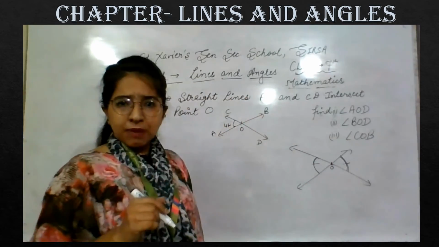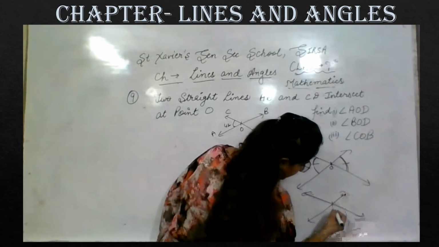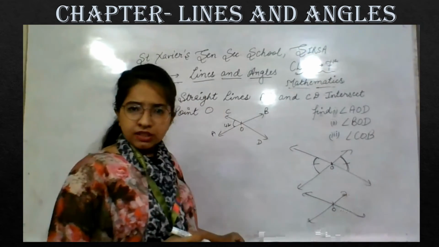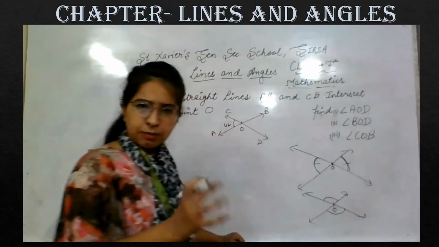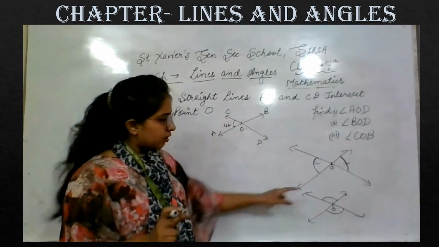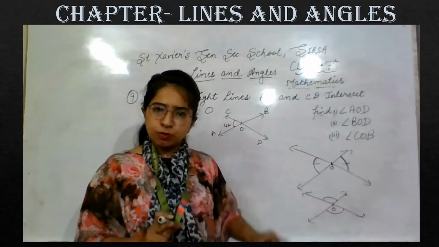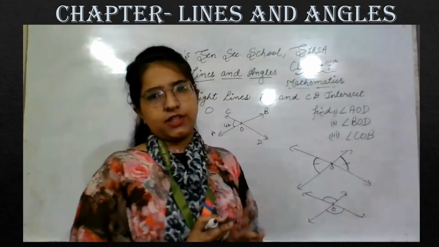Now you will ask, ma'am, is it possible that this is the intersecting point? These both angles are also opposite angles, opposite to each other. Can these be equal? Yes. Both these two angles will also be equal when two lines are intersecting.